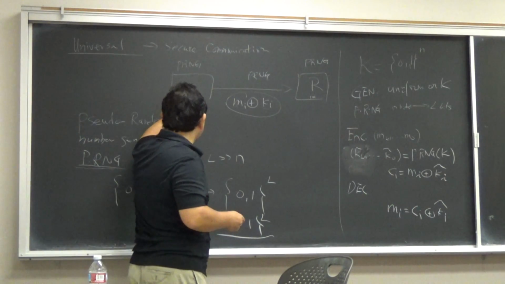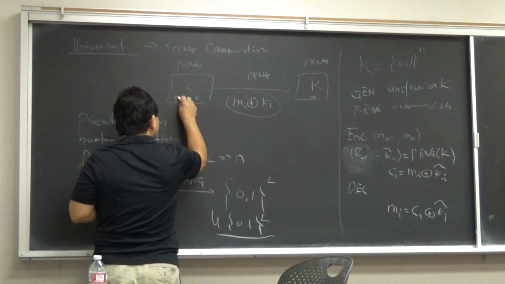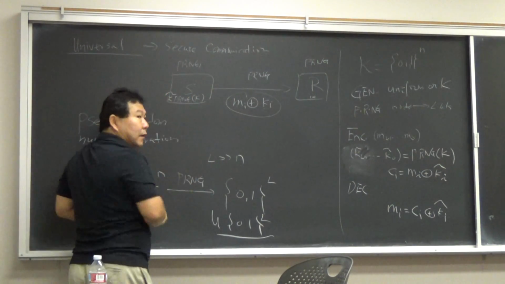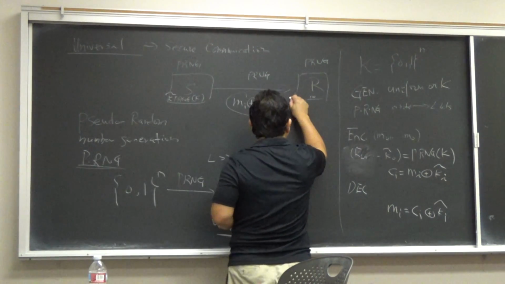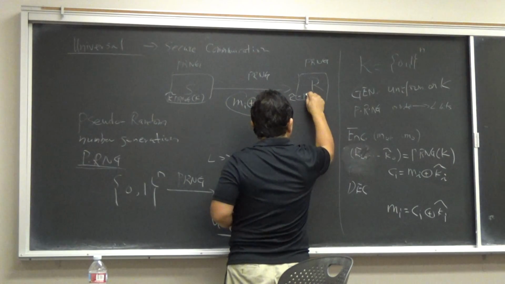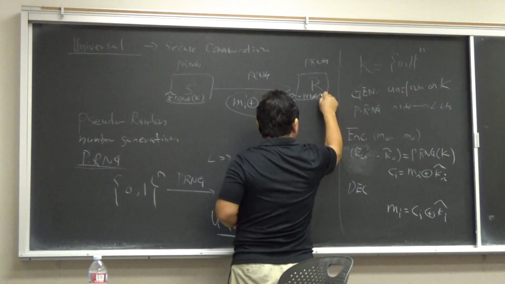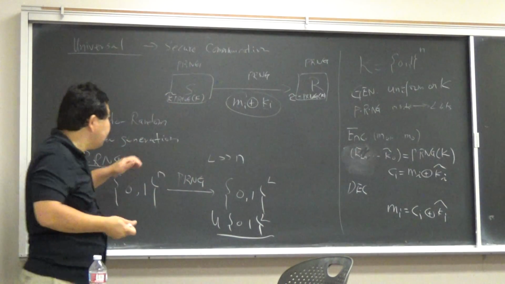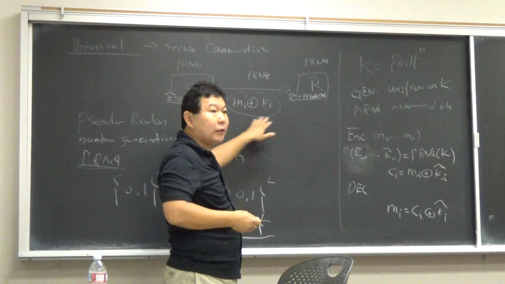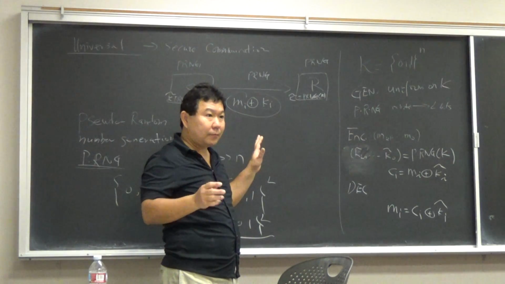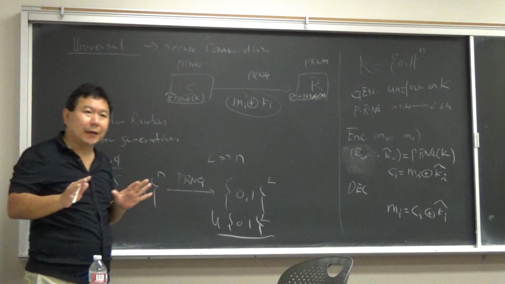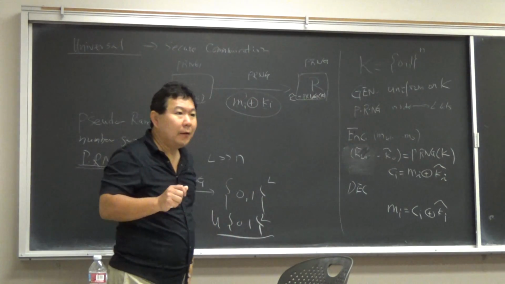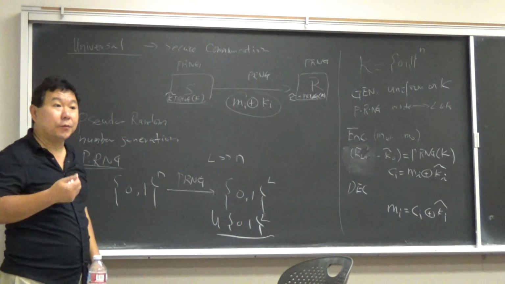Which means that when they apply it to K, they will receive the same stretched key, right? So therefore, they are able to encode and decode on both ends. So this clearly, schematically, is only a small change from our old one-time pad, but this actually is quite a universal scheme.